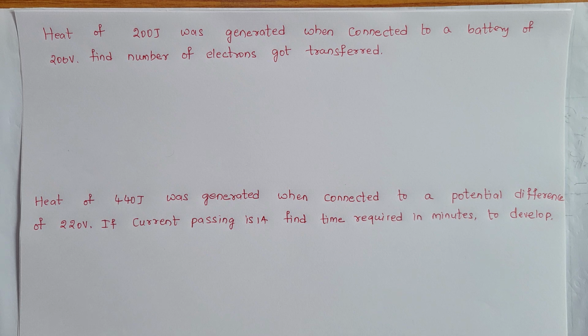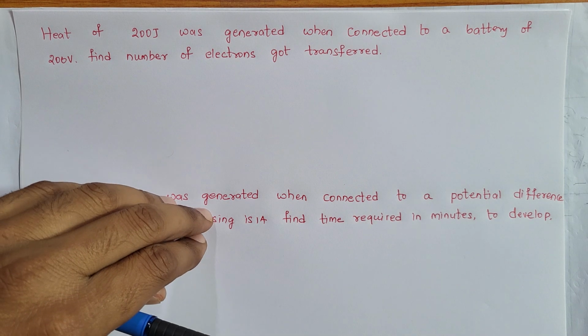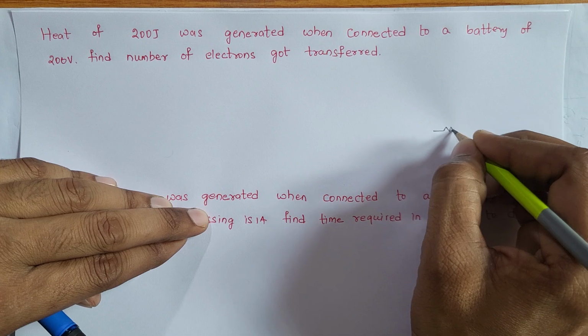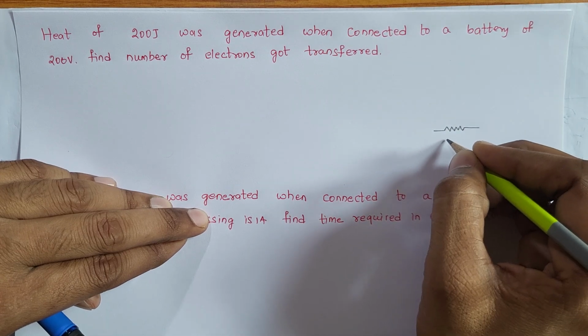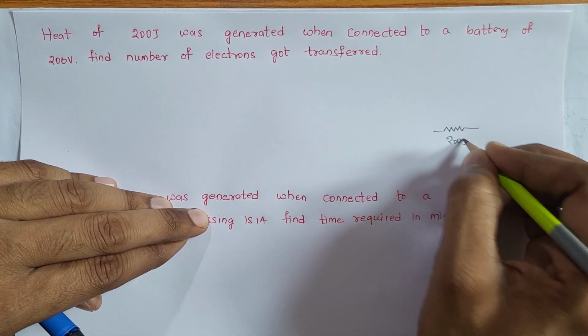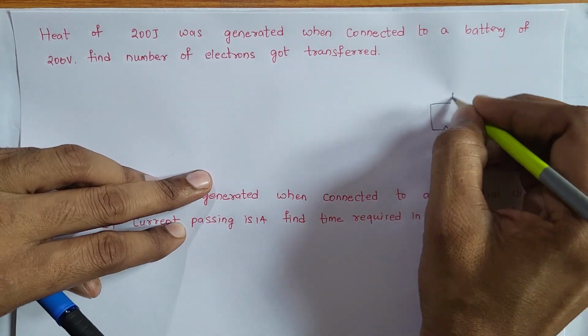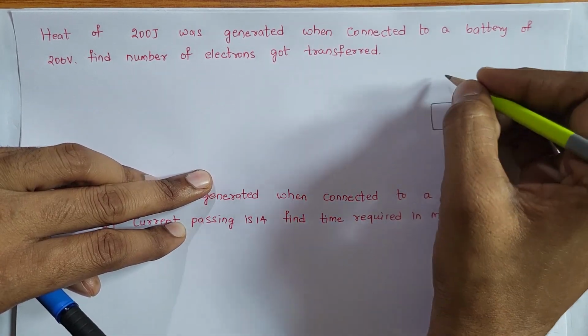How many number of electrons got transferred? There is a resistance, and in this resistance 200 joules of heat energy was generated, and it was connected to a battery of 200 volts.